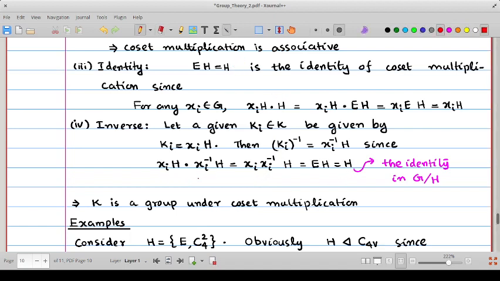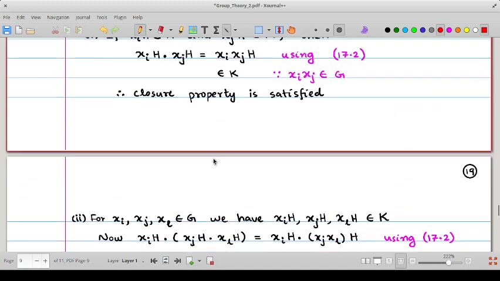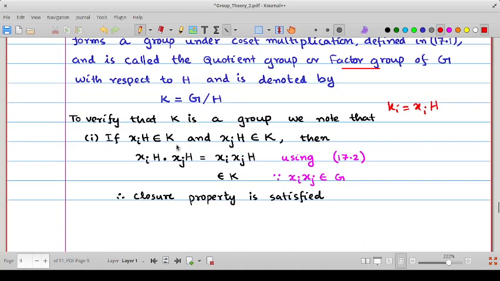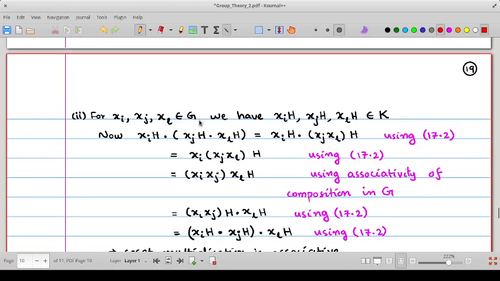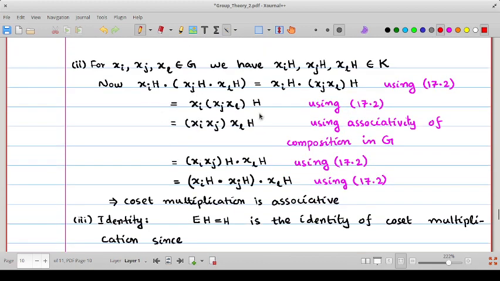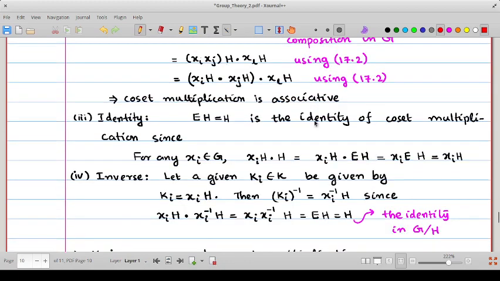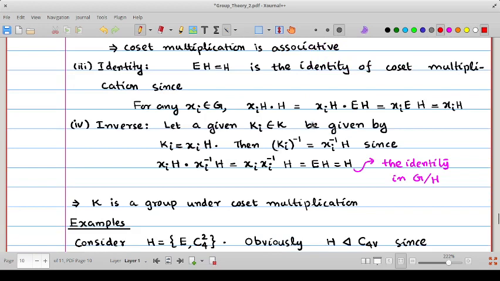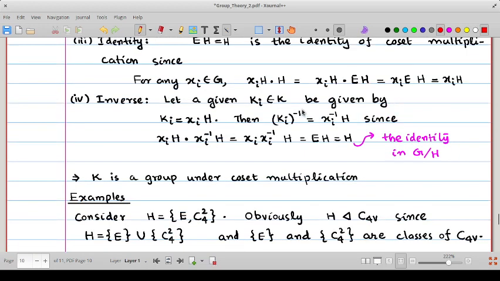So we have shown that the set of cosets of an invariant subgroup, a normal subgroup, is closed under coset multiplication. Coset multiplication is associative. There is an identity under coset multiplication, which is the invariant group itself. And for every coset, there is an inverse, which is also a coset under the coset multiplication.